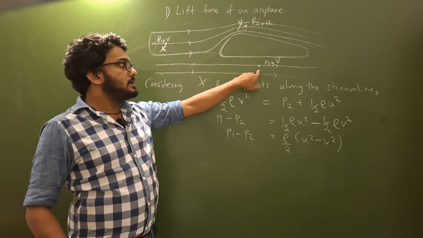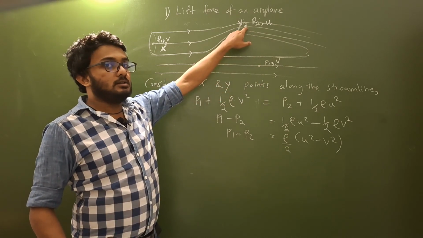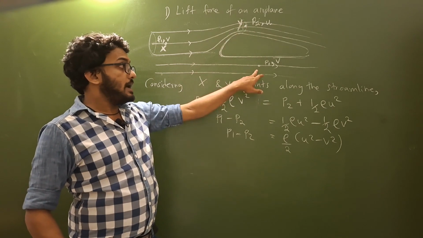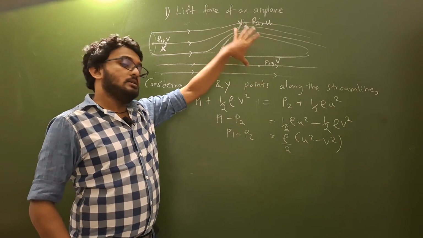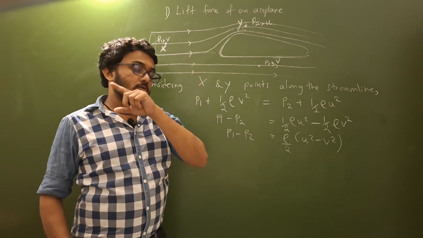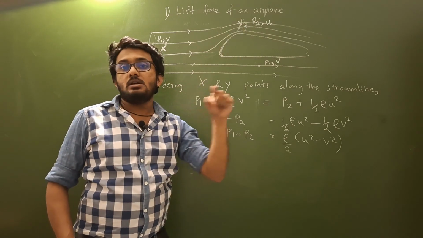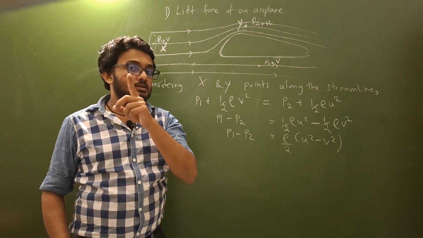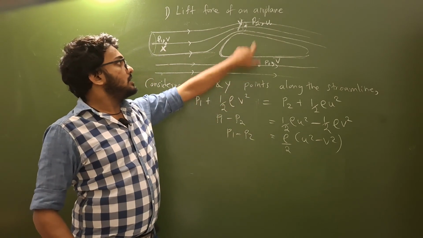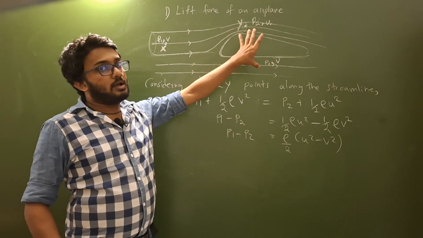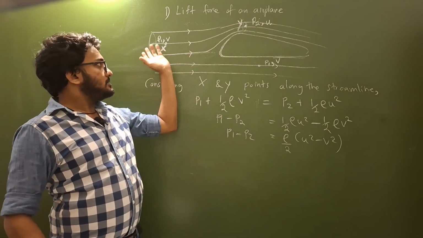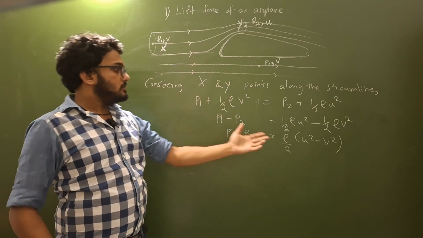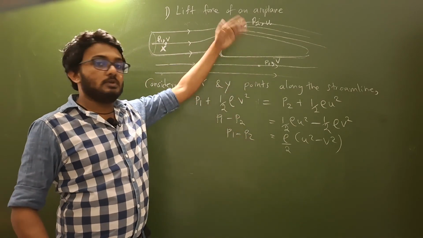I can't take this as x, this as y, and apply Bernoulli's equation to these two places. Why? Bernoulli's theorem says that it should be along one streamline, only one streamline. These are two separate streamlines, so I can't apply Bernoulli's to these two places. But I can say that these conditions are the same, so therefore this pressure difference acts between these two places also.